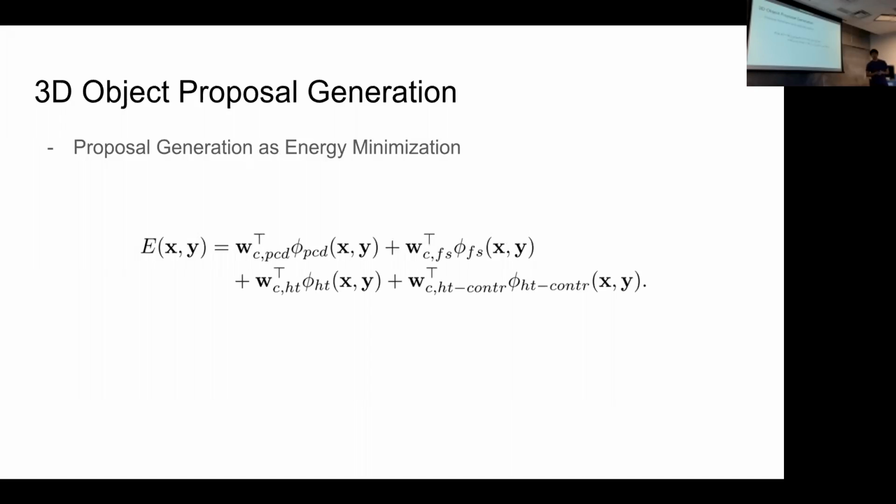In the actual paper, they generate these potential energy terms, which you can think of as features of a good proposal. These give us a guideline on what a good proposal would contain when they evaluate it. I'll go briefly over each of the terms.